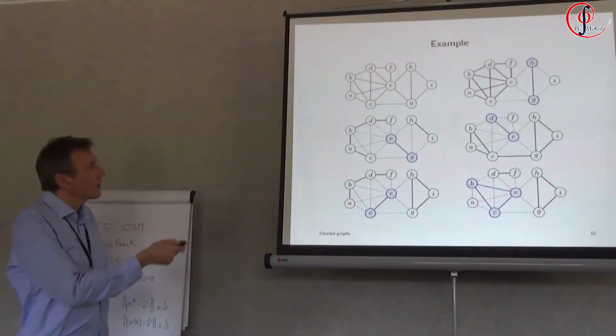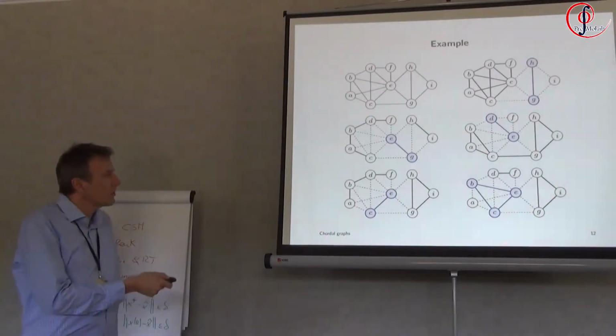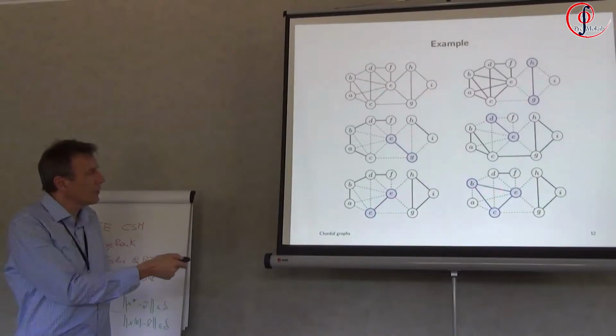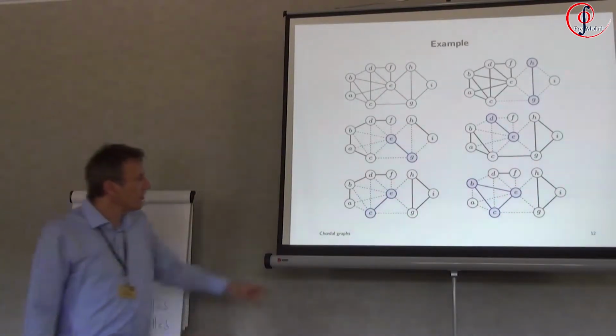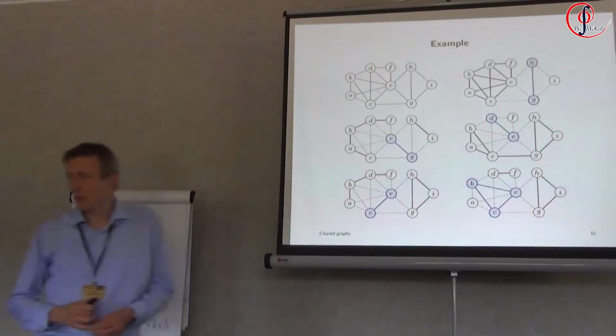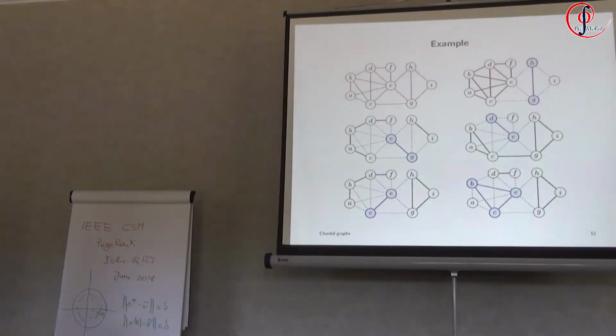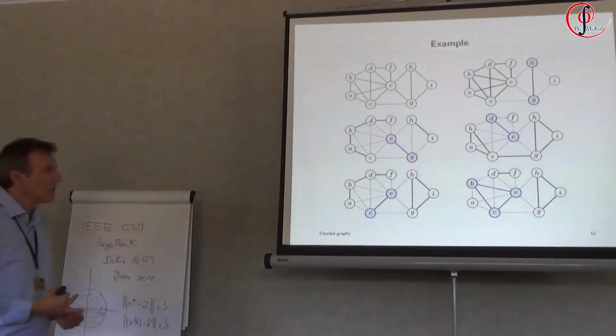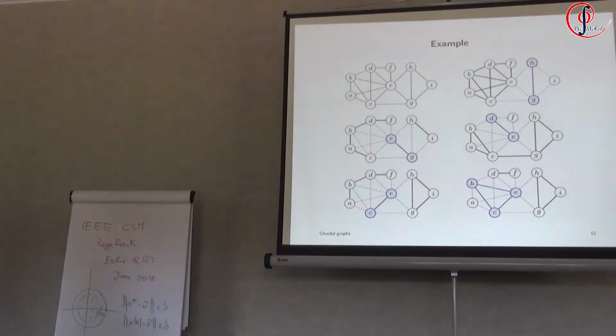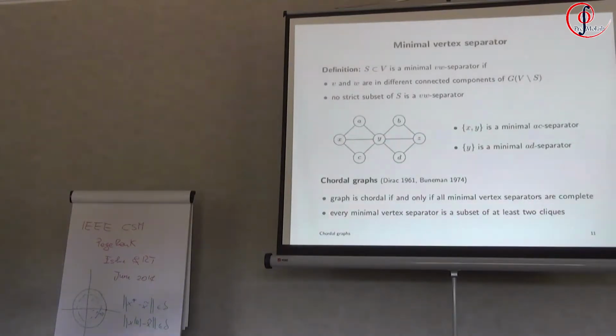One thing to notice is that these are 2 minimal vertex separators, but you see that this is a subset of that minimal vertex separator. And that's okay, that doesn't contradict the definition of minimality, because minimality refers to the same 2 vertices that are separated.